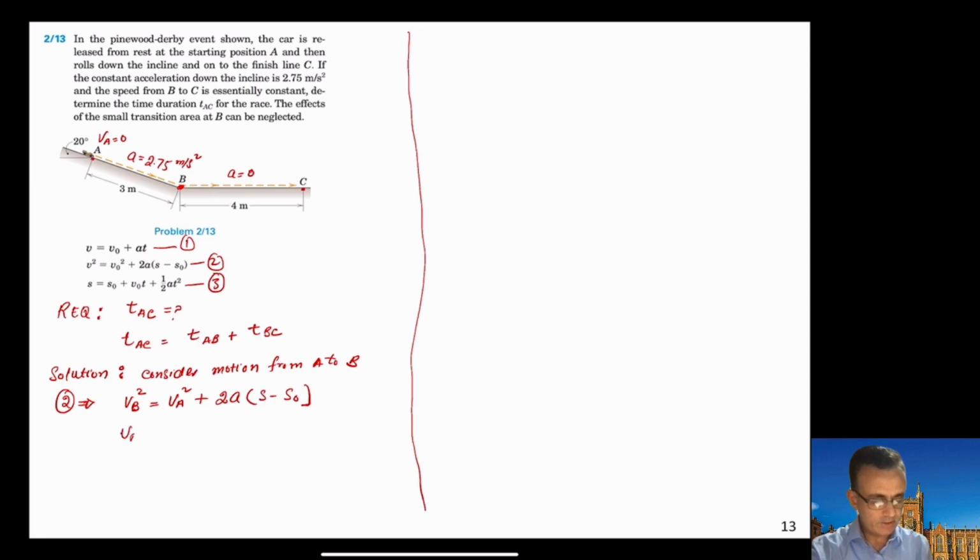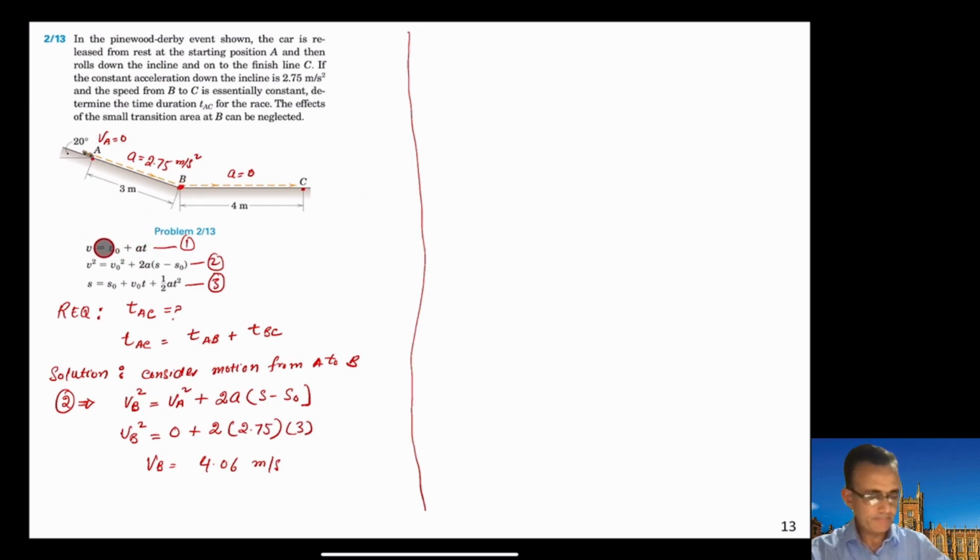So VB squared equals 0 plus 2 times the acceleration, which is 2.75, times (s minus s naught). At A, s naught is 0, and at B, s is 3. So from this equation, you can calculate VB, which is equal to 4.06 meter per second.